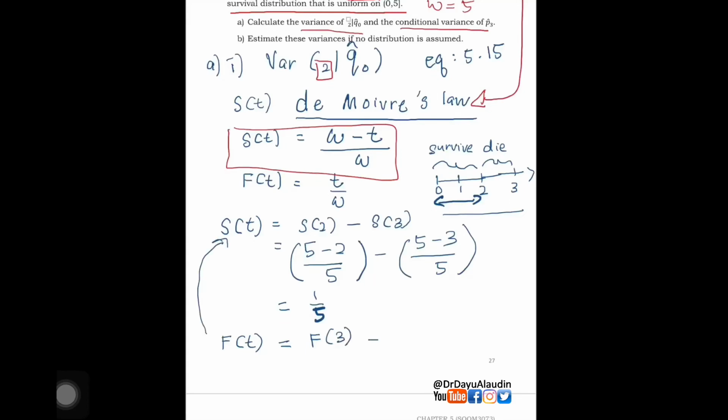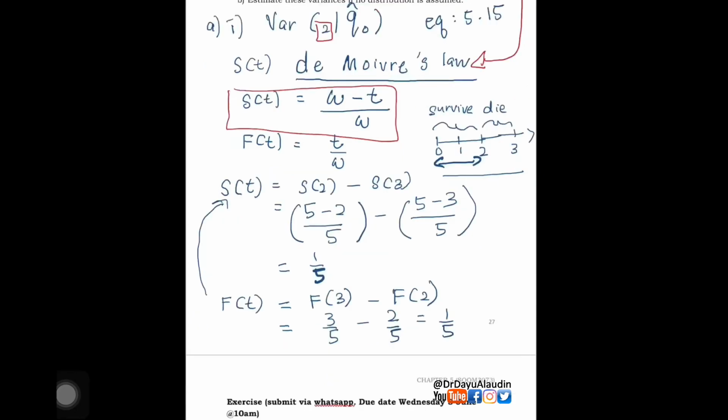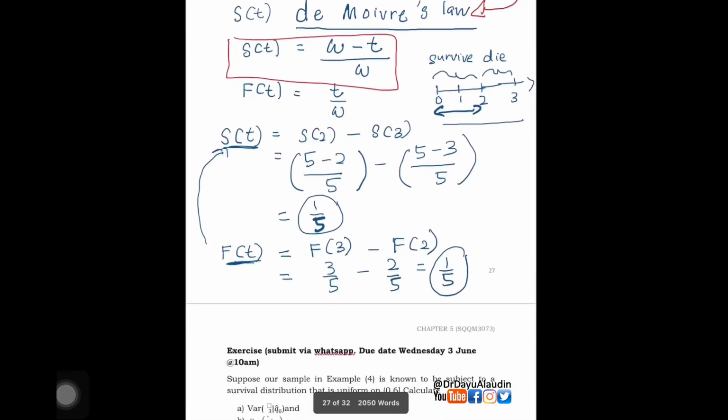So we use F3 minus F2, which we learned last semester in Actuarial Math 1. With t over omega, 3 over 5 minus 2 over 5, we still get the same answer, 1 over 5. So if we use S(t) or F(t), we still get the same answer.